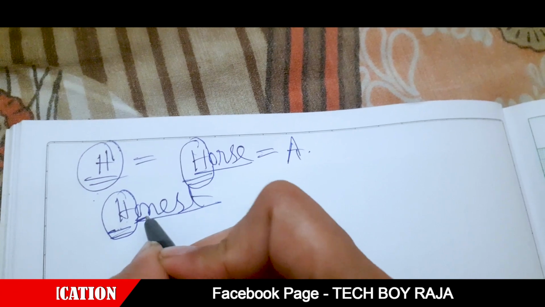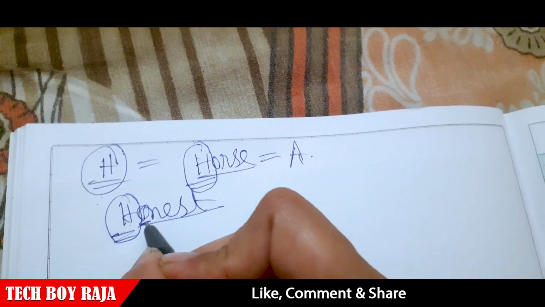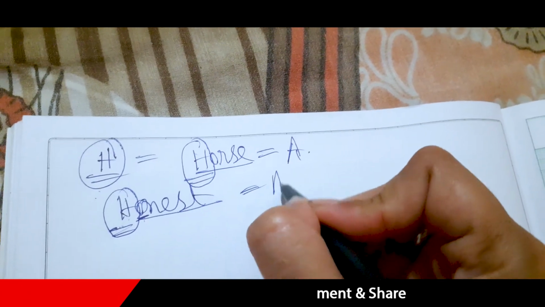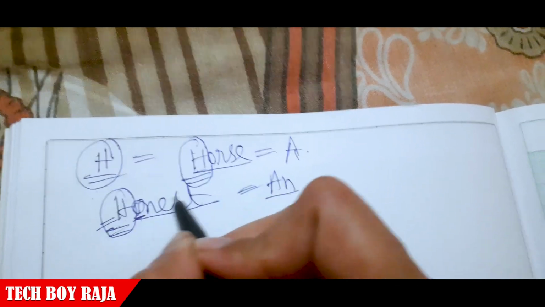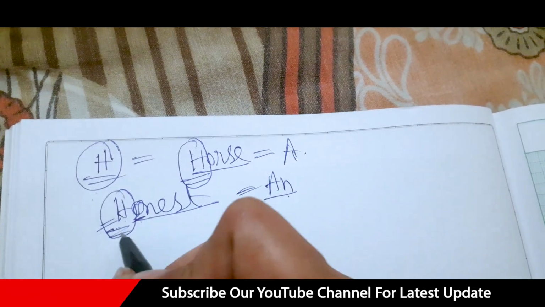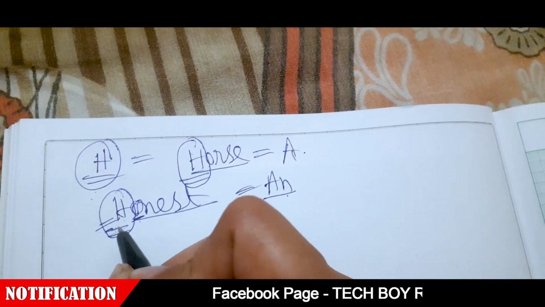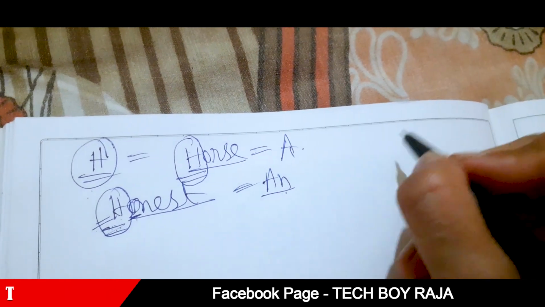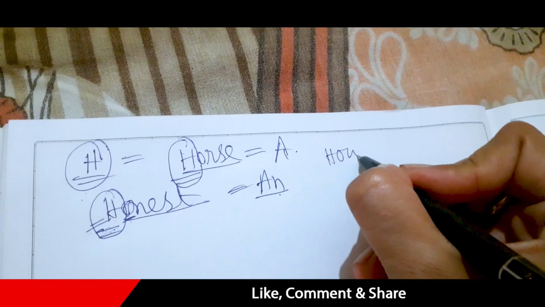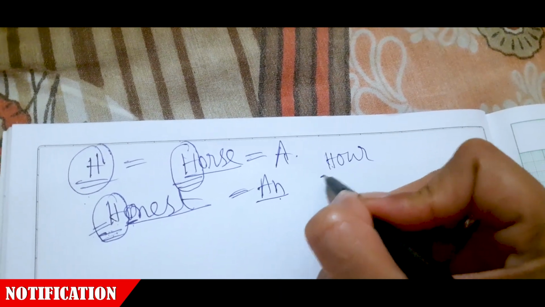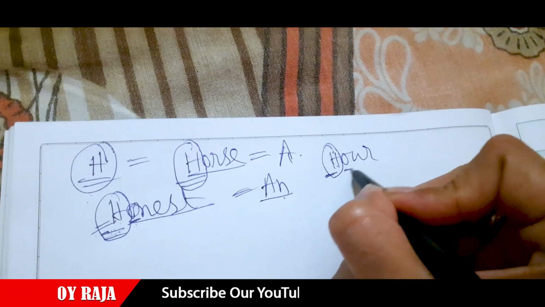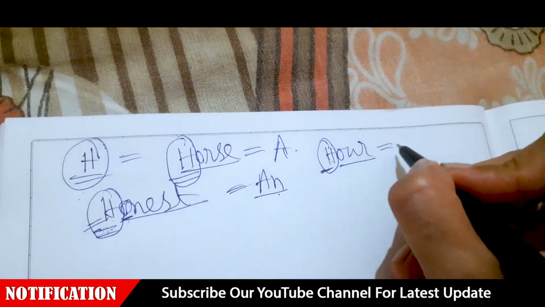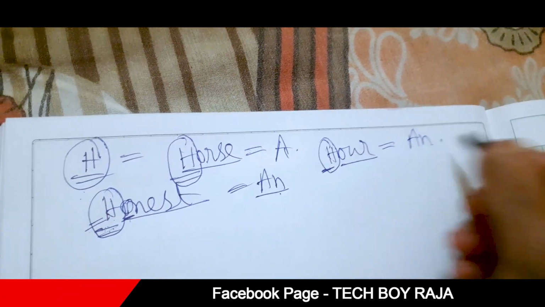So because the pronunciation is coming from o, definitely there will be an. Because it is silent, it won't be a. Why? Because the h pronunciation is totally silent. Similarly, hour, this also starts with h, but the pronunciation is silent here also. From o we are pronouncing the word, so there will also be an.